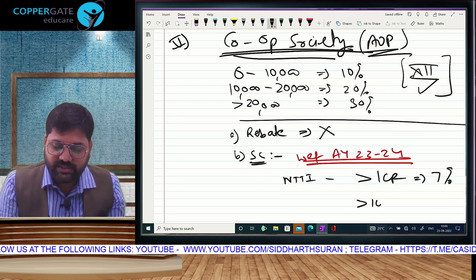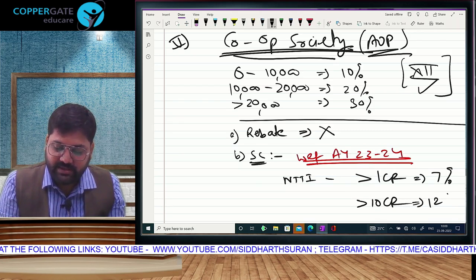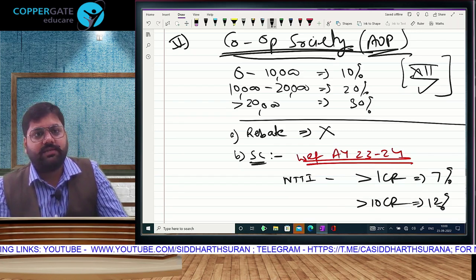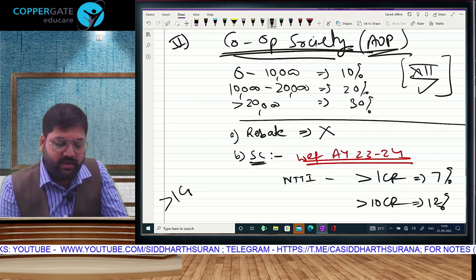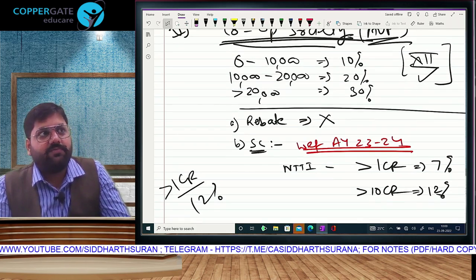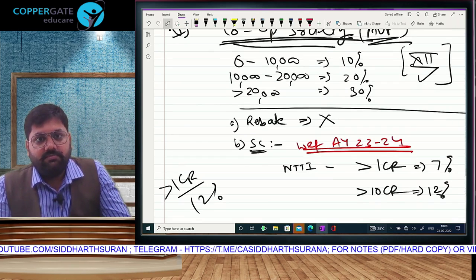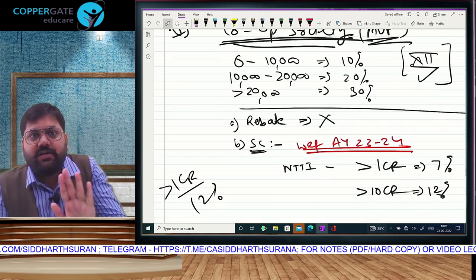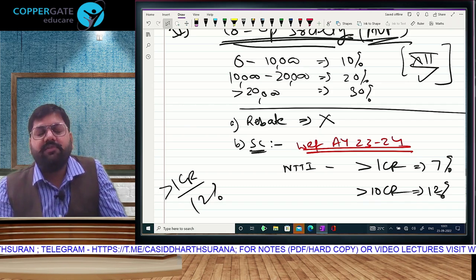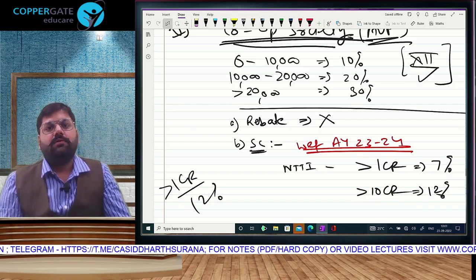And if it crosses 10 crore, we will apply 12% surcharge. For those who are interested in knowing what was the rule last year, it was more than 1 crore, 12%. If income crosses 1 crore, then 12% surcharge. But now we have reduced it. After 1 crore, we will keep only 7. We will make it 12% only after 10 crore.